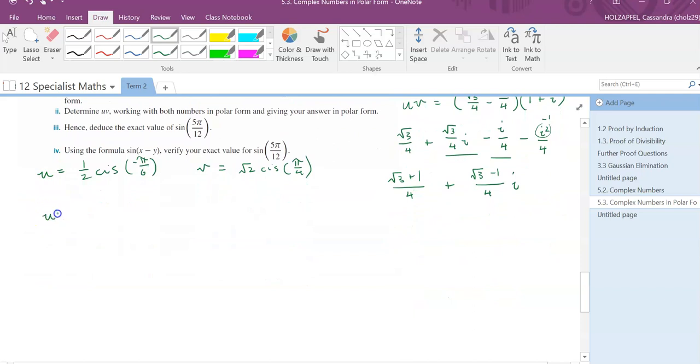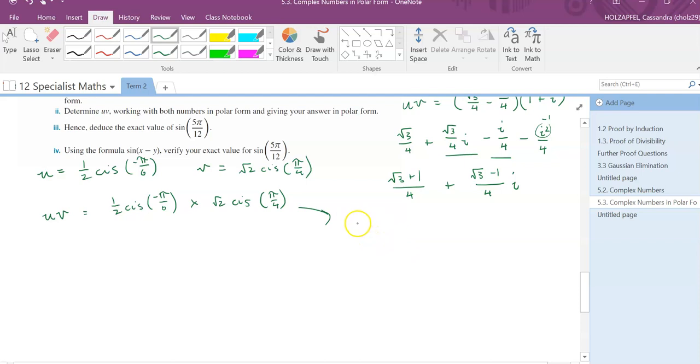Okay, so let's do this now using our multiplication. So we're going to go U times V. So that's going to be 1/2 cis negative pi on 6 times root 2 cis pi on 4. So remember, when we're doing this in polar form, we're going to use that little multiplication theorem.